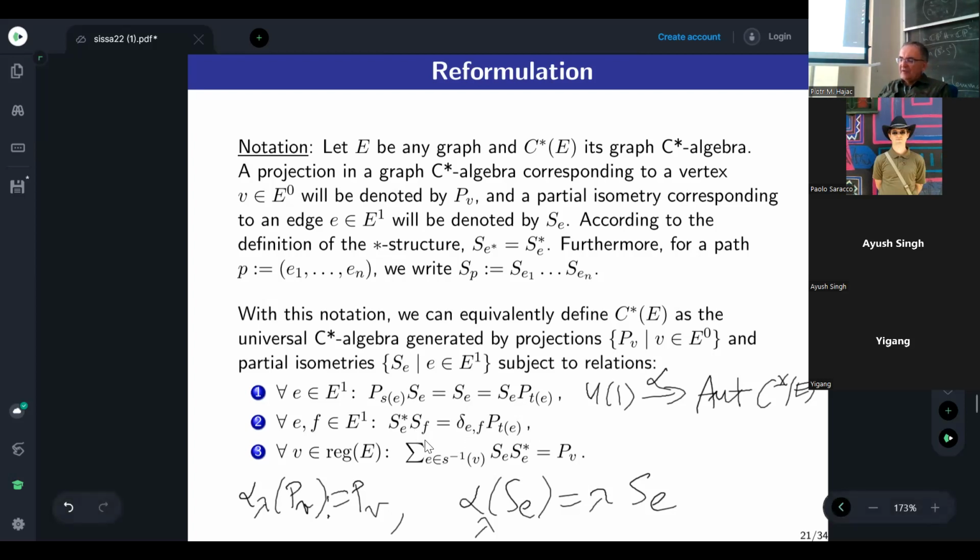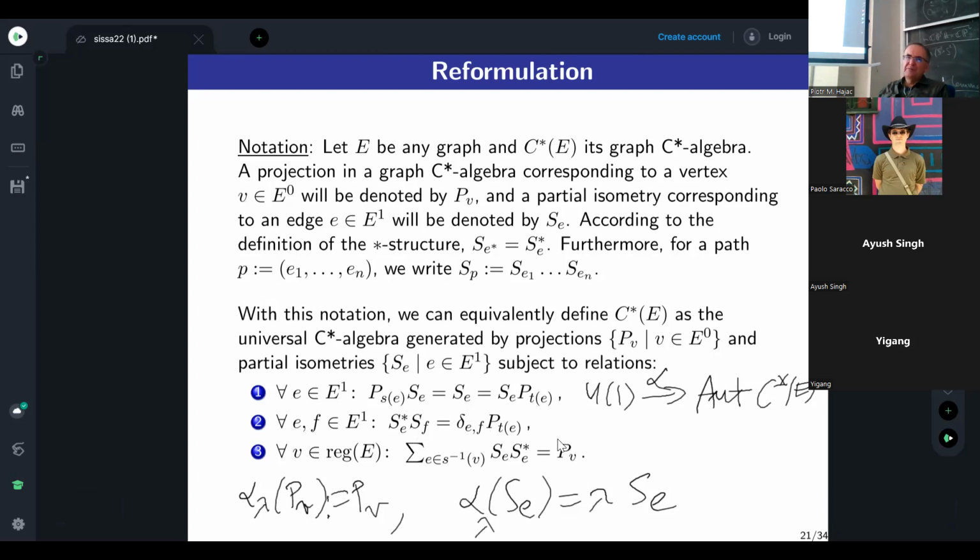Well, but so is the left-hand side, because I multiply S_F by lambda, but S_E star I multiply by lambda bar. That's the property of involution. If I multiply S_E by lambda, then S_E star is multiplied by lambda bar. So I have lambda bar times lambda, which is the absolute value of lambda squared, but this is a unitary number, so it's 1. And the same story is here. The right-hand side is invariant, and on the left-hand side you can verify that you just get lambda times lambda bar, which is 1.